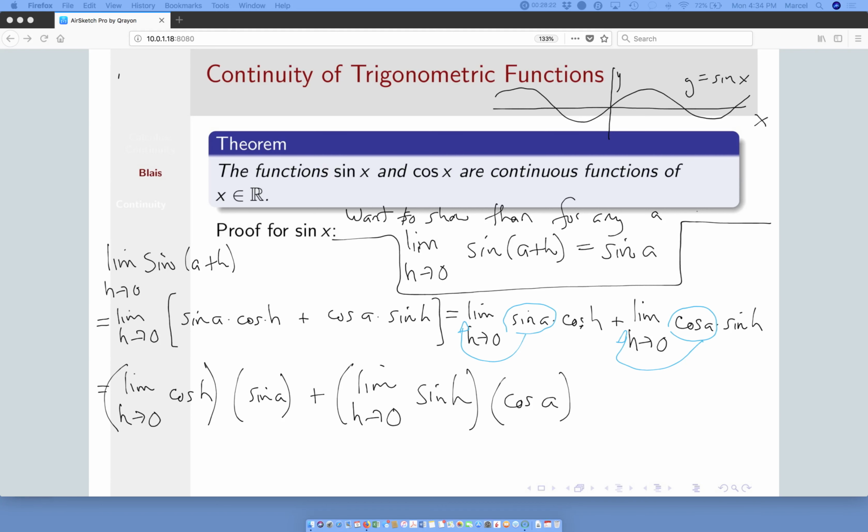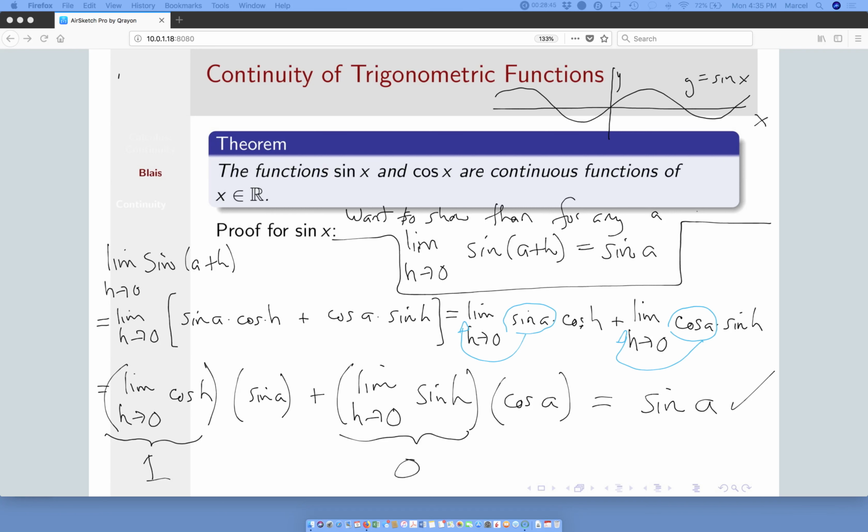And remember, we know that as h goes to 0, cosine of h has a limit of 1. As h goes to 0, sine of h has a limit of 0. So this is sine of a, which is what we wanted to show.